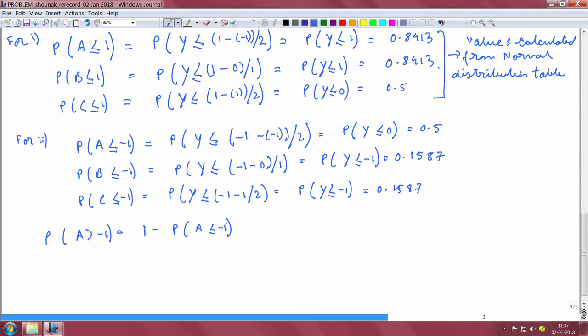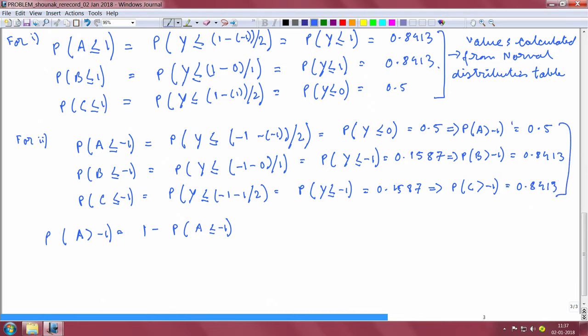That is what we are going to substitute for all A, B, C. So probability of A greater than minus 1 is 0.5. This implies probability that B greater than minus 1 is 0.8413, implies probability that C greater than minus 1 is equal to 0.8413. These values are also calculated from here.